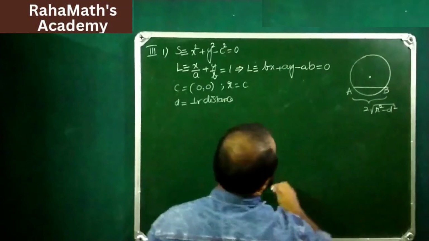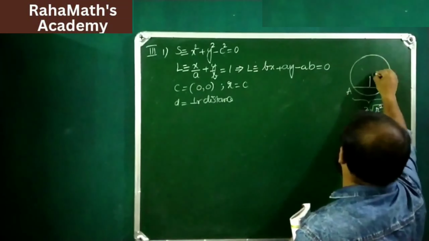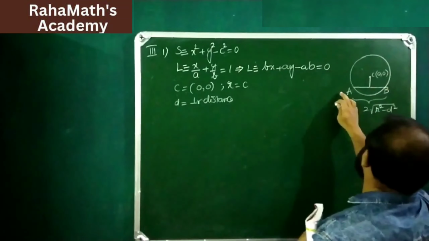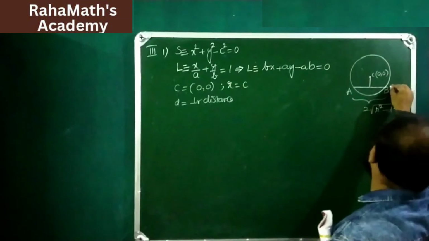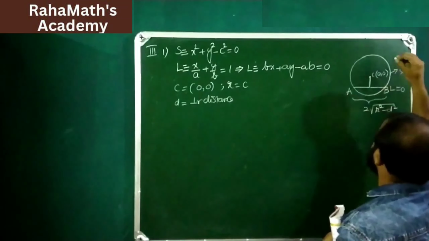What is d? d is the perpendicular distance from the center of the circle (0, 0) to the line L equals 0. This is S equals 0.